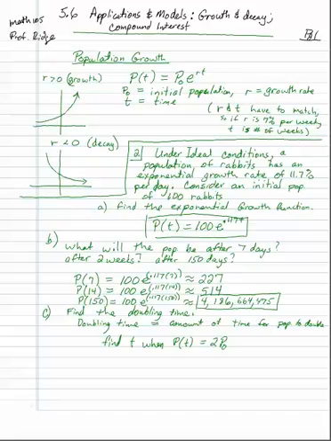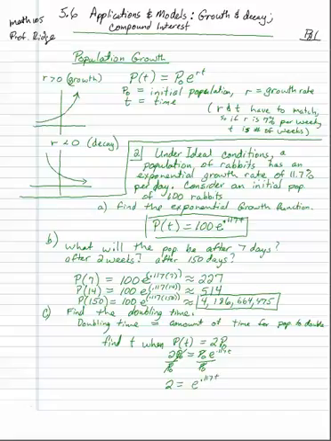So you're going to plug in 2P sub 0 equals P sub 0 e to the 0.117t. Now it doesn't matter what our initial population is, because when you divide both sides by the initial population to get the exponential by itself, it cancels. So it always boils down to this formula, 2 equals e to the rt.